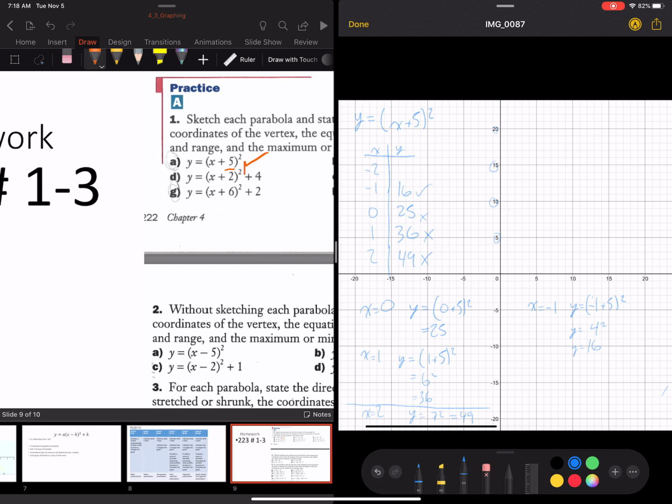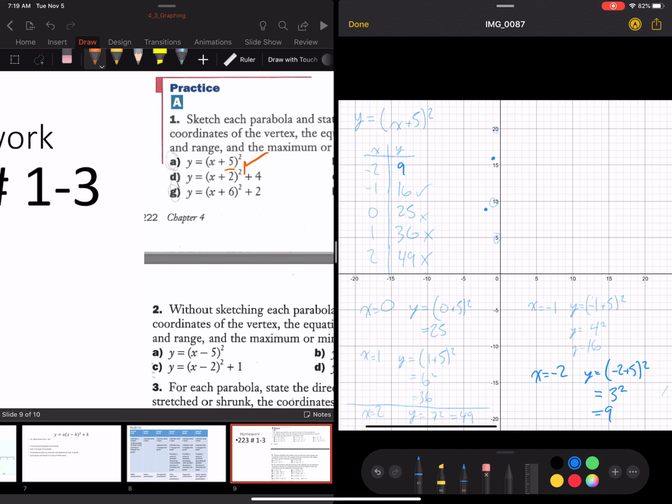Minus 1, 16. When x equals minus 2, y equals minus 2 plus 5 squared, which is 3 squared, which is equal to 9. So minus 2, 9. That's my point.